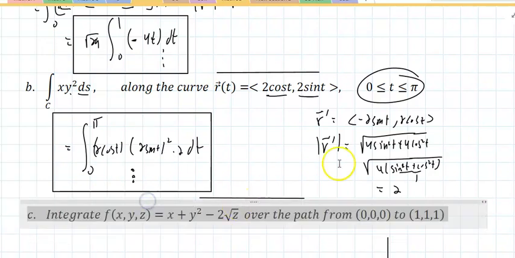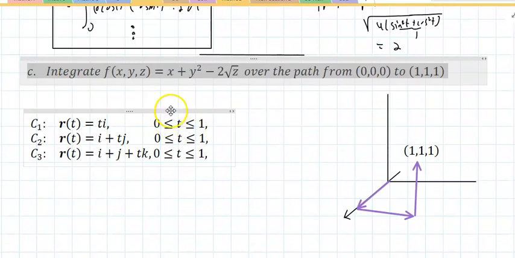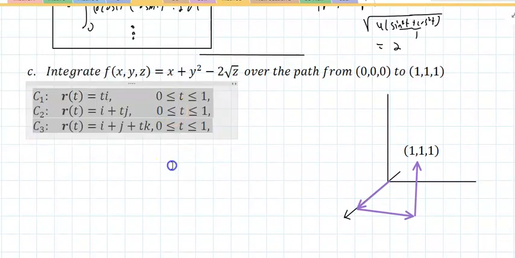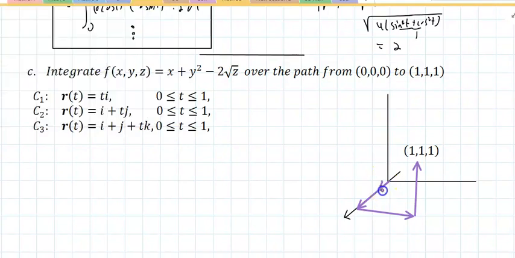How about this problem? What if I have multiple paths? What if I want to integrate along C1, C2, C3?